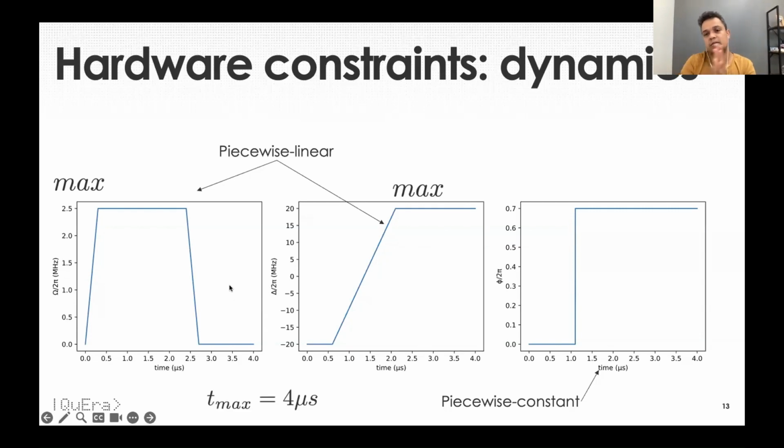Important, the maximum simulation time. Simulation here, I'm talking about really the dynamics. If you're using a quantum system to simulate another quantum system, of course it's a quantum system. So the maximum runtime is 4 microseconds, and within this 4 microseconds, we can establish roughly 15 Rabi oscillations. So if you are doing a simple experiment of putting a qubit pointing in the z direction, and then applying a transverse field and seeing it oscillate, we can make it oscillate 15 times within a coherence length for the system.